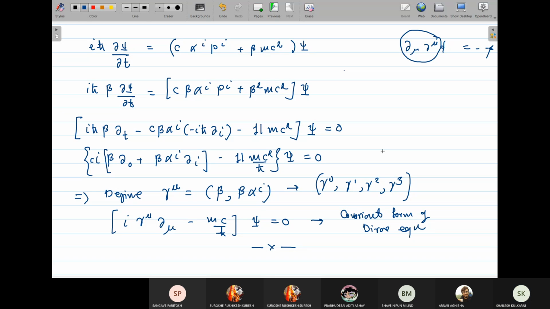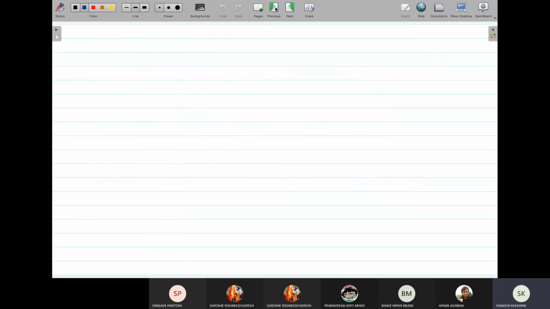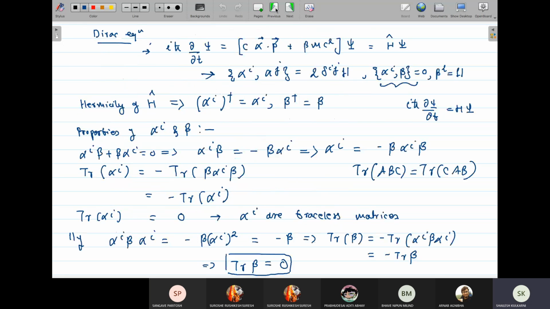Then we used those matrices and wrote down the covariant version of the Dirac equation.